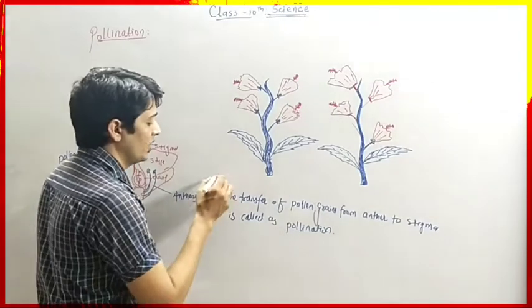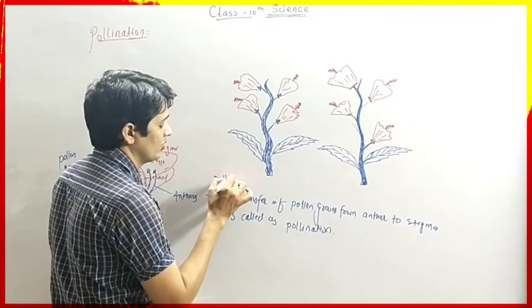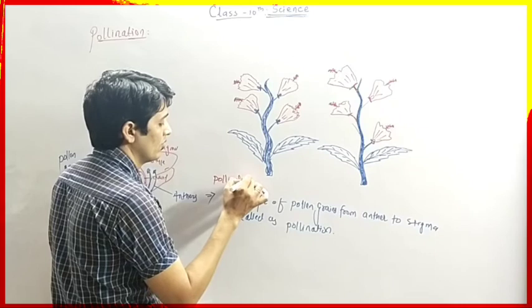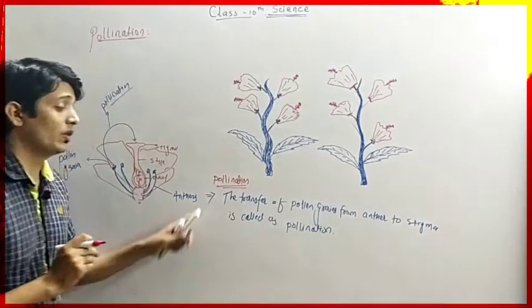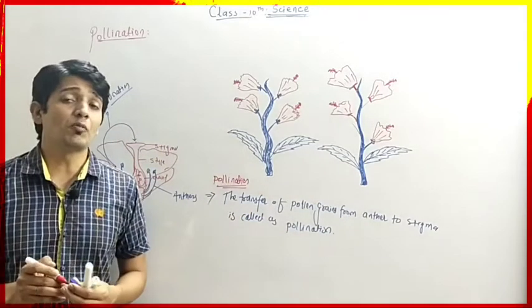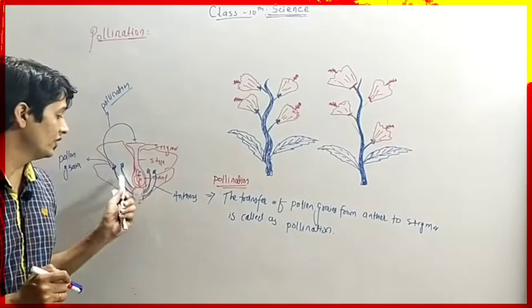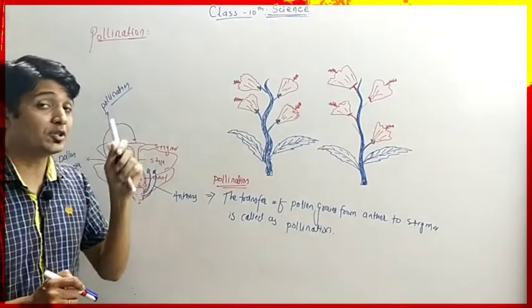So it is nothing but pollination. Very important. What is pollination? The transfer of pollen grains from anther to stigma is called pollination.